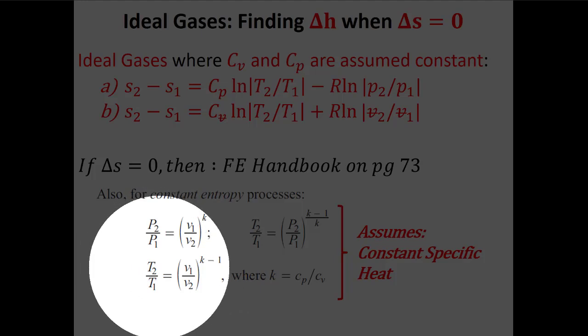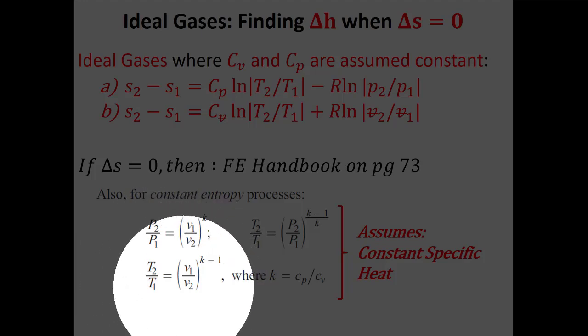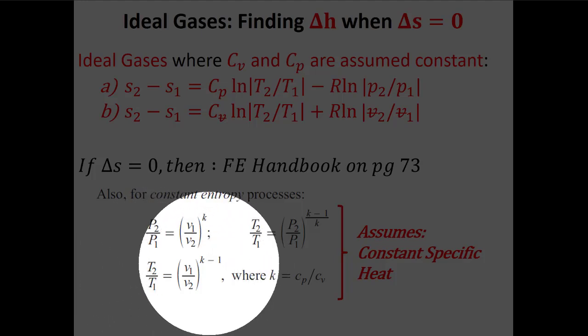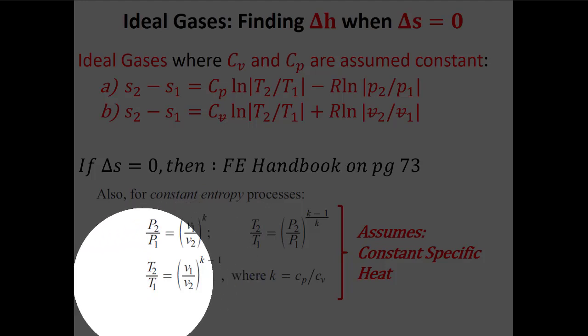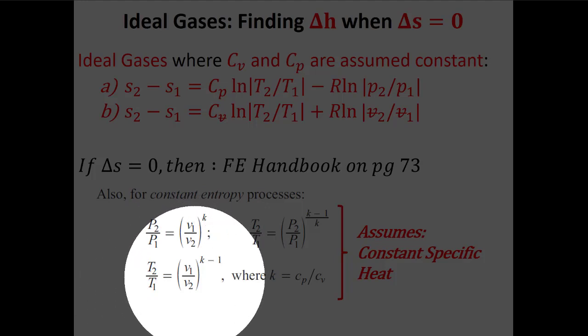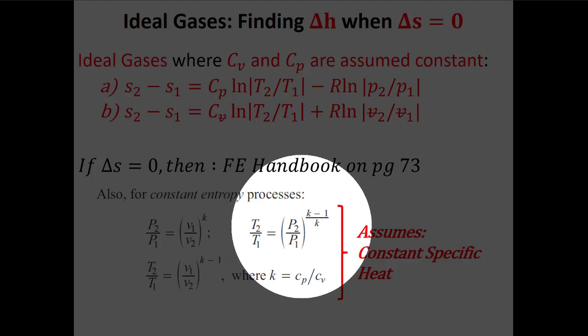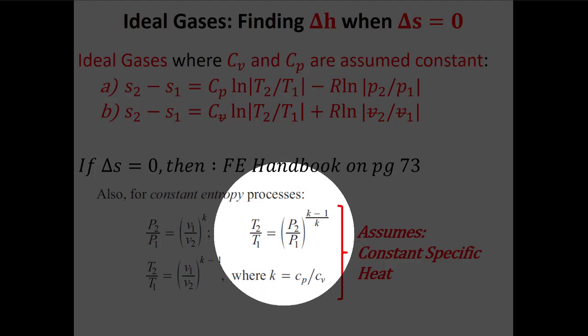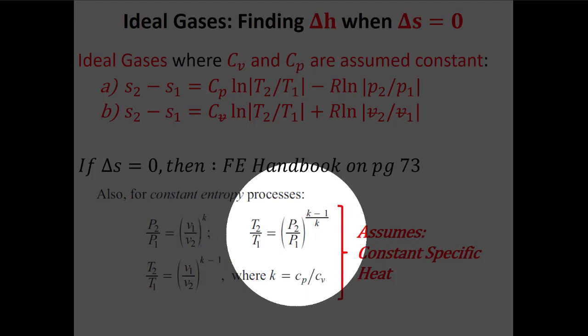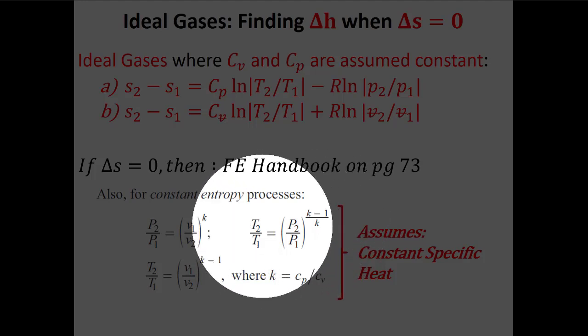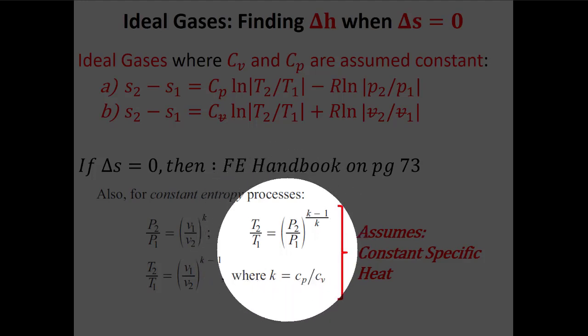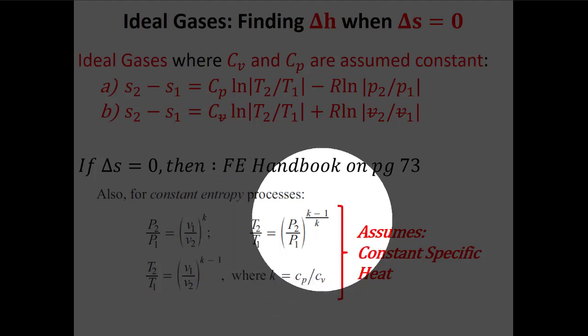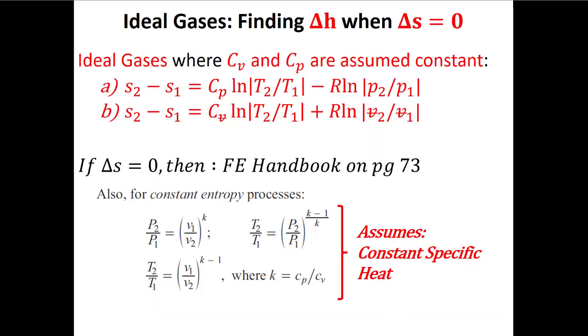Now, I can also have a ratio of temperatures to specific volumes to the power of k minus 1, right? So if I knew the temperature and the change in specific volume, then I would use this equation. In open systems, typically we'll know the temperatures and the pressures, and then we would use this equation, which also has k in the exponent. So this relates the ratio of temperatures to the ratio of pressures. And now my exponent is k minus 1 over k.